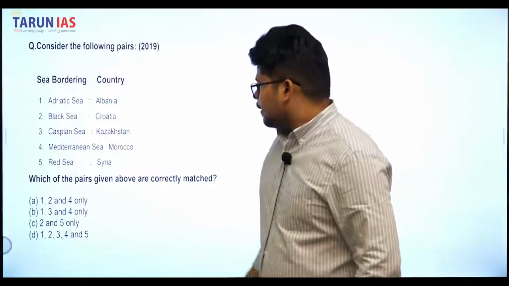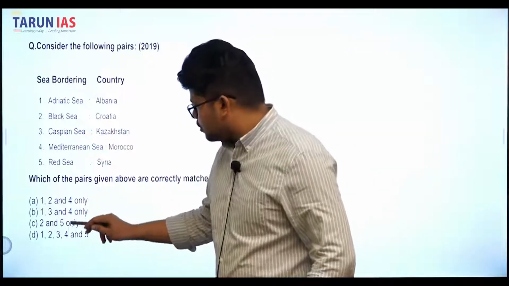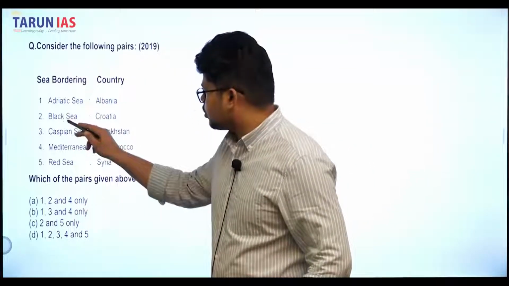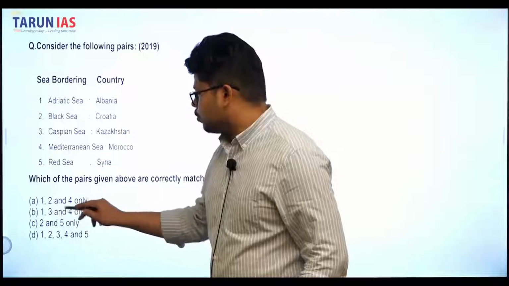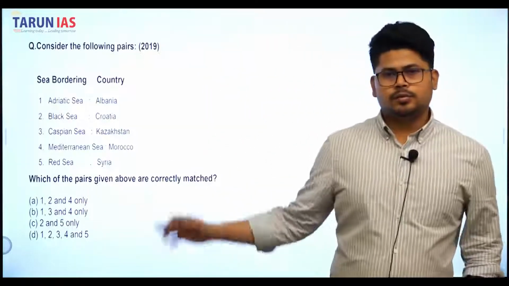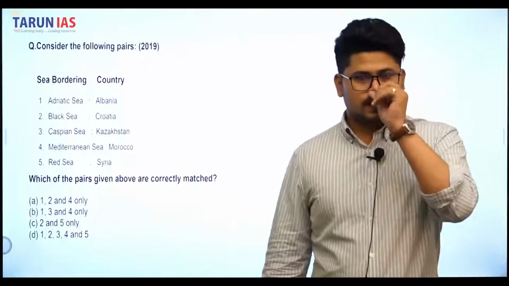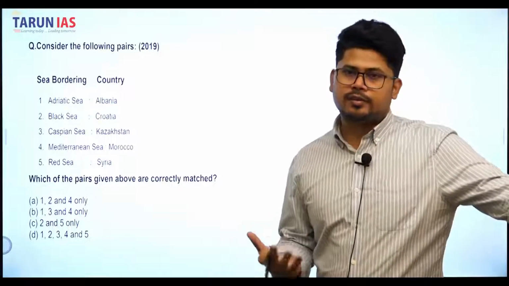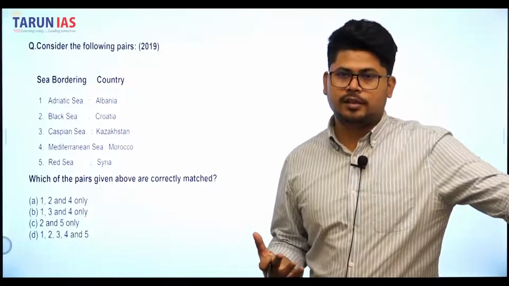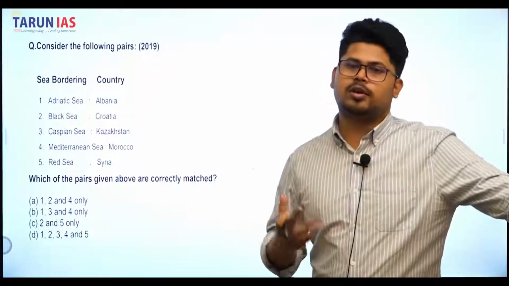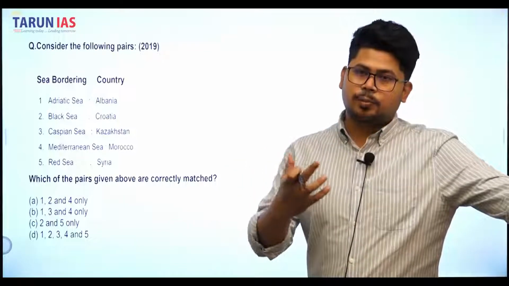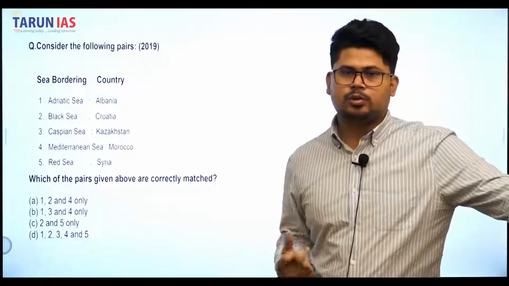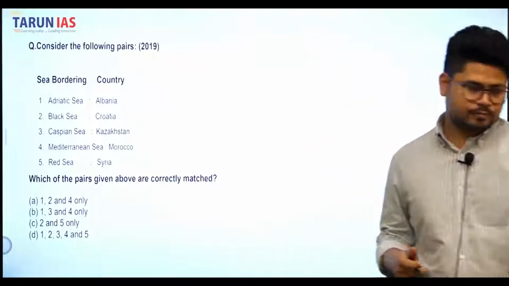So any option which does not contain 2 is 1, 3, 4, option B is correct. I brought this question because you need to understand what kind of questions have been asked and why. There is a high chance that Mariupol or such cities which are port cities of Ukraine might come into the question this year.